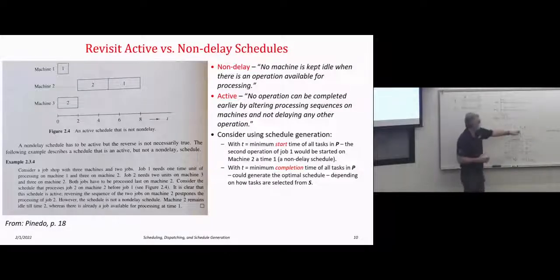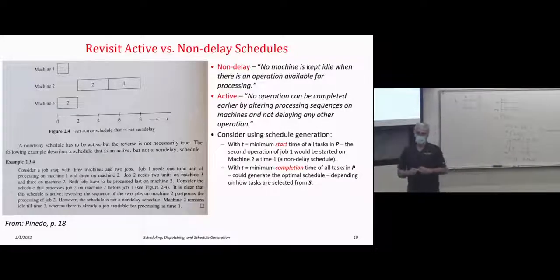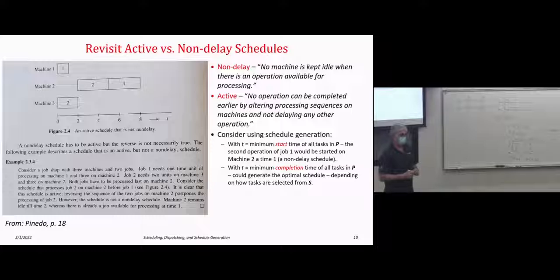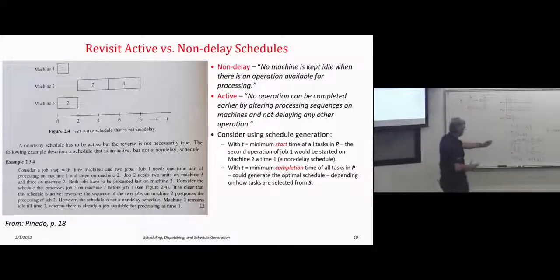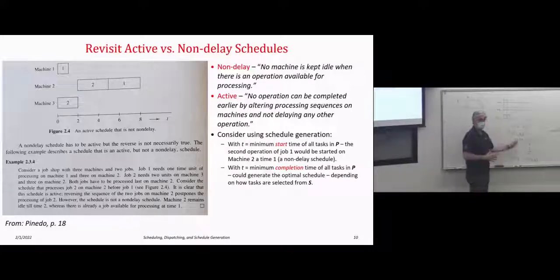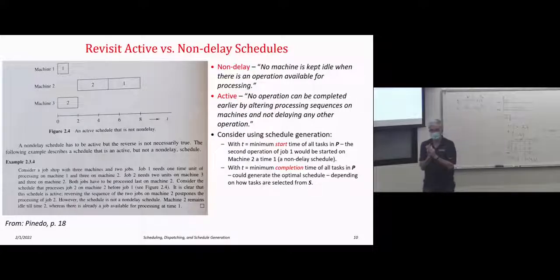Once I did that, the only thing left is 2, 2, right? So 2, 2 would start here at 4, and it would go to 7, and that would be my schedule. Okay? And so if I use this rule, I'm guaranteed to have a non-delay schedule. If I use that minimum start time rule, I'm guaranteed to create a non-delay schedule, which I just did right here.